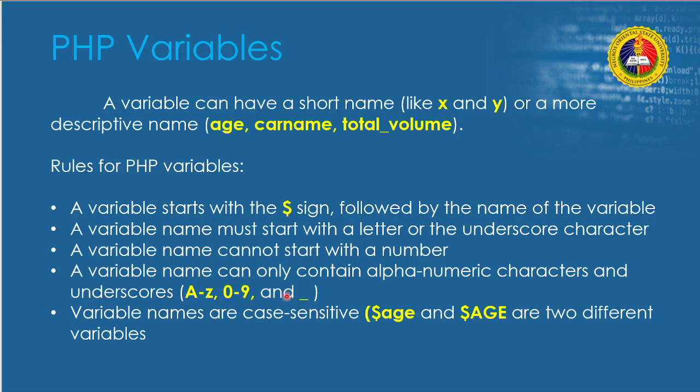So we can use echo, just like what we did a while ago, and then $text1. Okay, let's close that, and then let's print the other, echo text two, and then the other variable, let's say x and y.